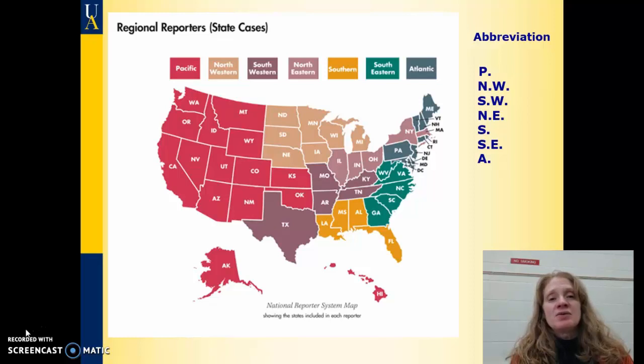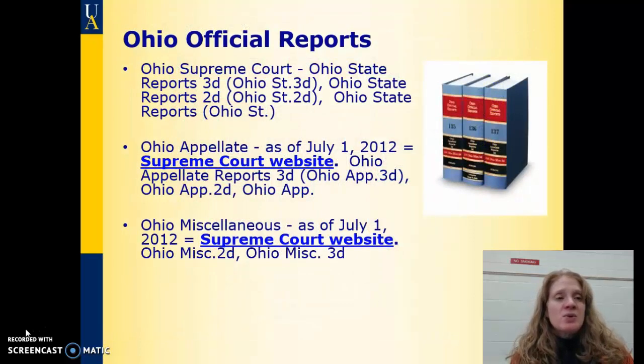Northeast is the reporter that Ohio is in, so you might see Northeast, Northeast Second, Northeast Third, etc. There's your Ohio official reports again. The Ohio appellate reports you will see as Ohio App. first, second, and third. And there's also Ohio Miscellaneous reports, which has some trial court cases, Court of Claims, etc.